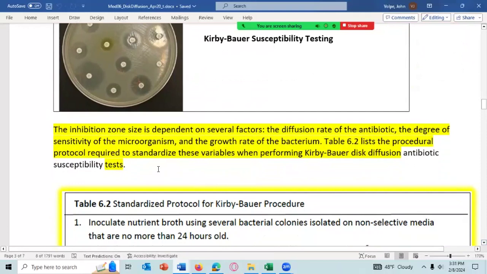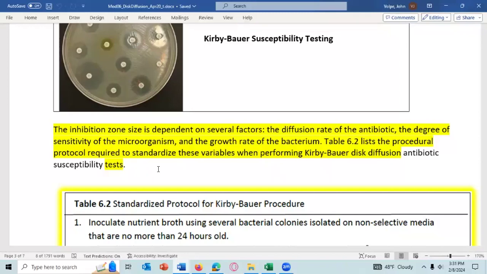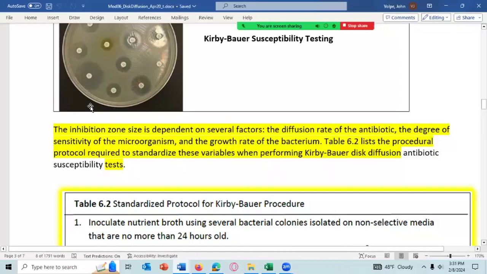Obviously, it is dependent on the sensitivity of the bacteria to the antibiotic. It is dependent on the diffusion rate of the antibiotic. The smaller the antibiotic, the more it will diffuse, and then the larger the size of the zone of inhibition.